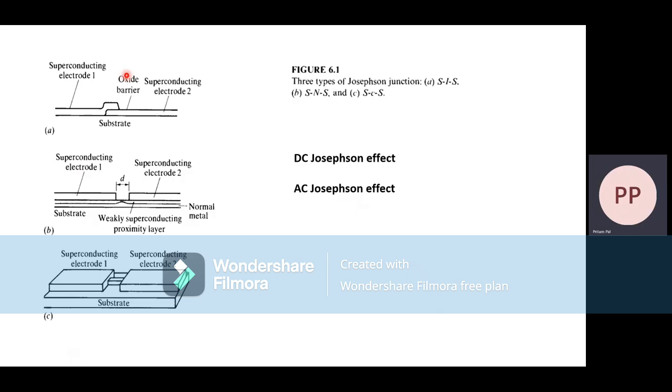So we can have an oxide barrier, right? The first one is the insulator. We can have an insulator placed between the two superconductors. This kind of Josephson junction is called SIS. Now, if we put a normal, weakly superconducting proximity layer, which is very weakly coupled, between the two superconductors, one and two, then it will be called SNS.